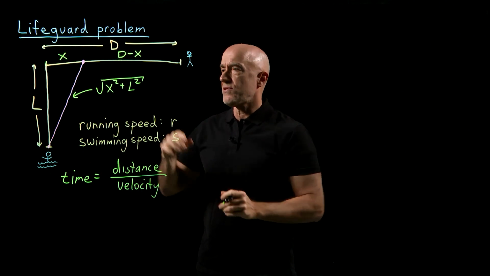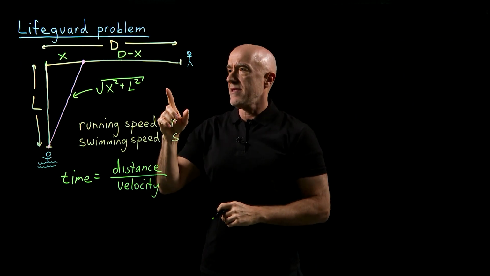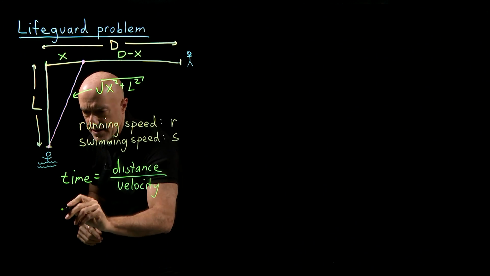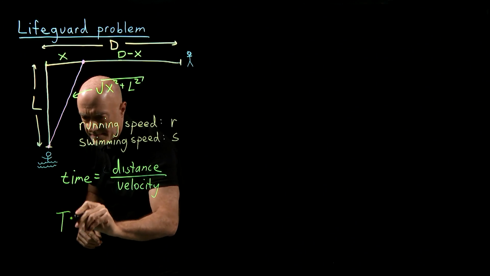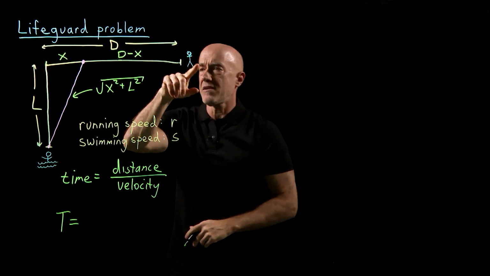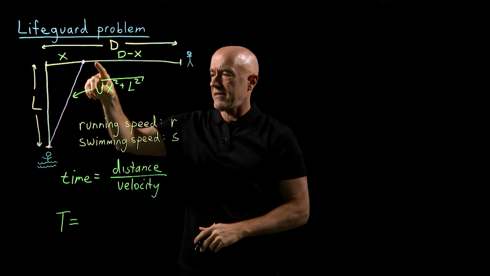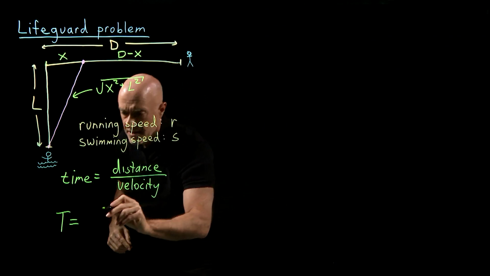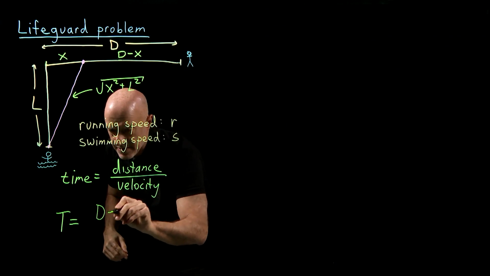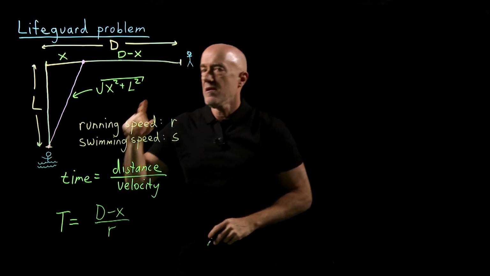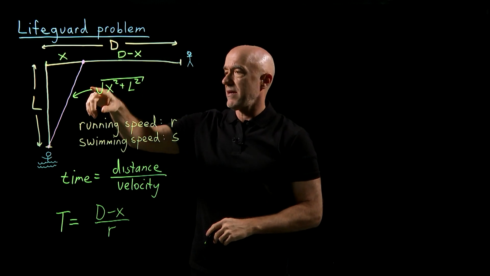Okay, so let's compute the total time that it takes the lifeguard to reach the swimmer. I'll call that capital T. So capital T is the time spent running. So the lifeguard runs a distance D minus x with running speed r. So that's D minus x divided by r, plus the time spent swimming.